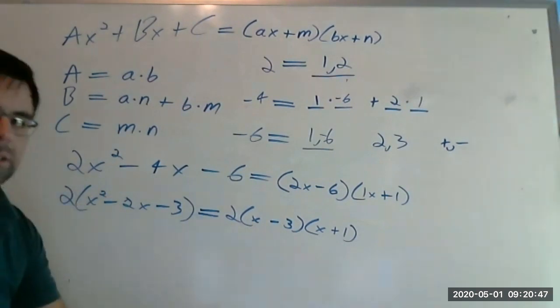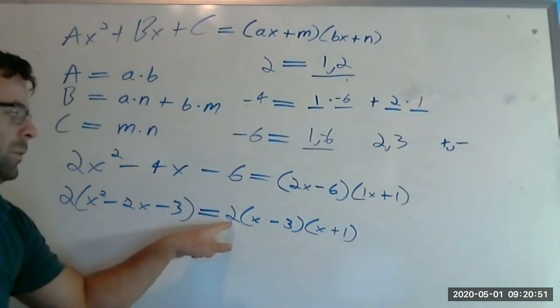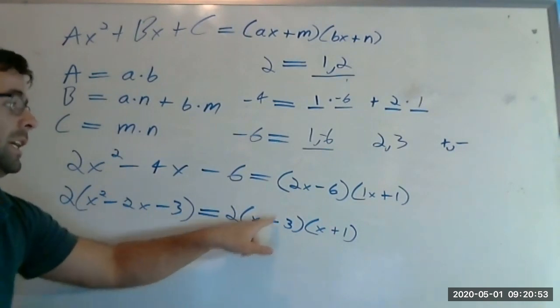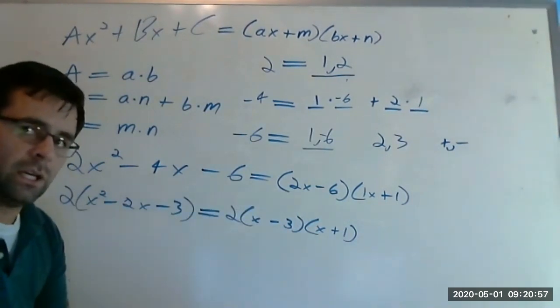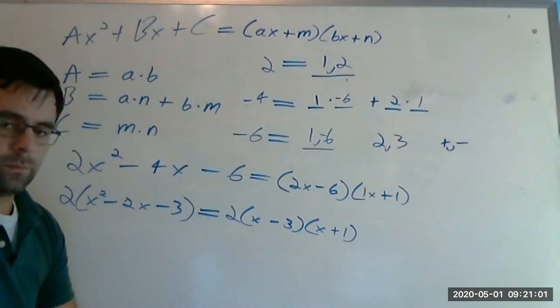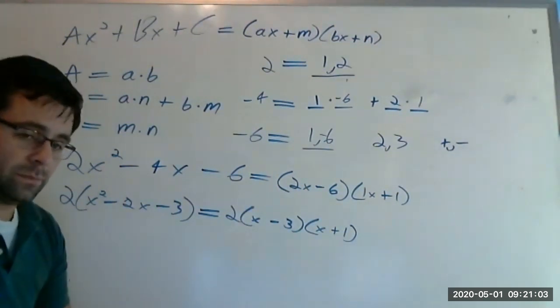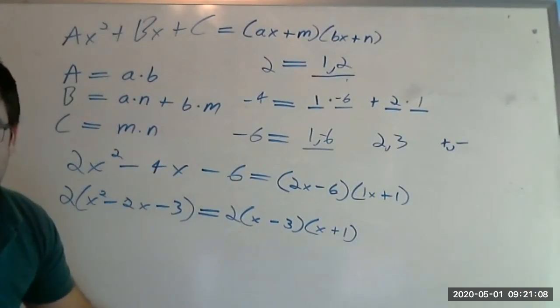But you get the same answer, because if you multiply this 2 back in, you get 2x minus 6. So it's the same answer, just looks a little bit different. So either way is fine. It's just about which one you are most comfortable with.